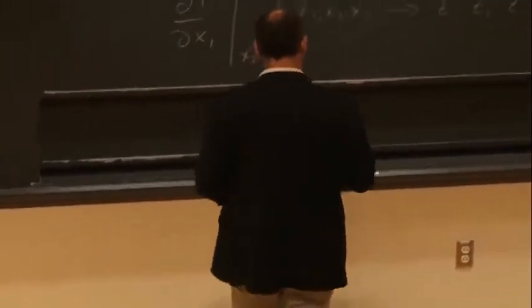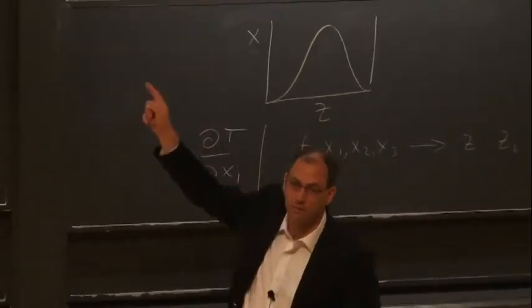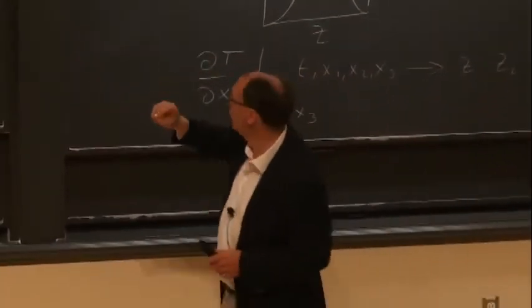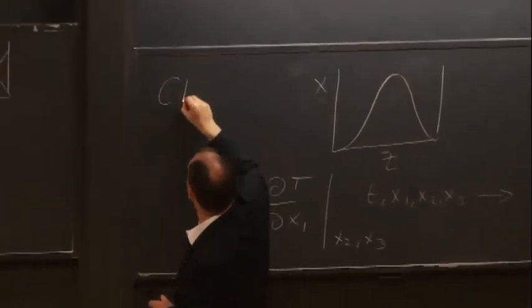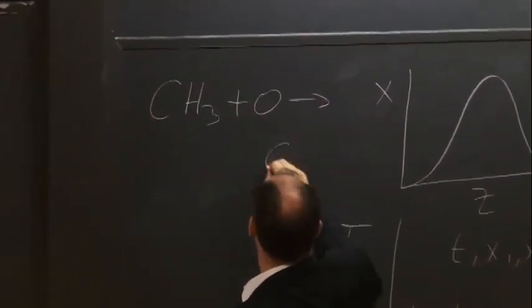Okay, so the one reason why the fuel consumption is radical consuming is that the methyl radical is consumed with O. Okay?